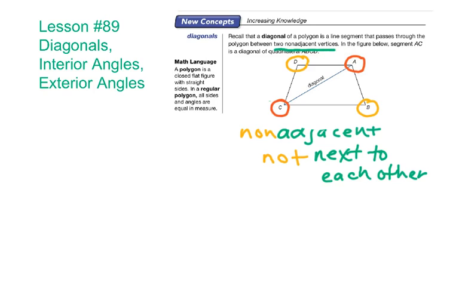So then we can talk about what our diagonal means. Our diagonal is our line segment that passes through the polygon connecting these non-adjacent vertices. Now that we have created a diagonal, we can now look at our first example.